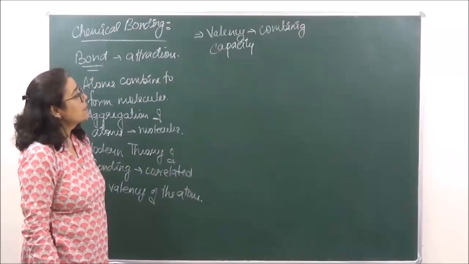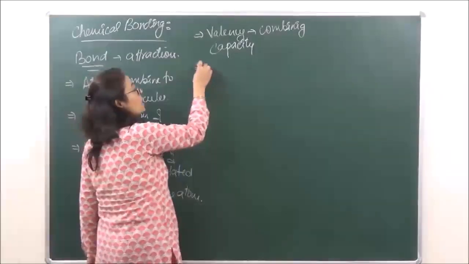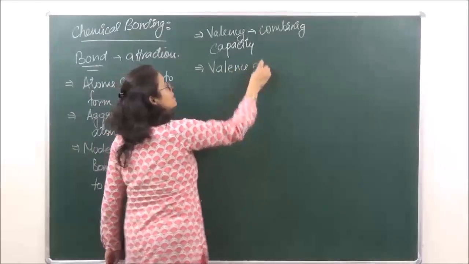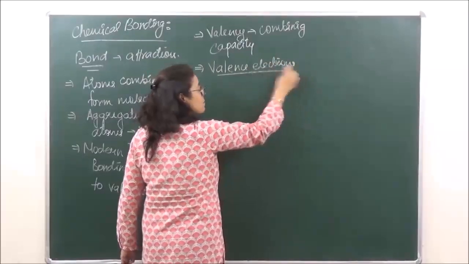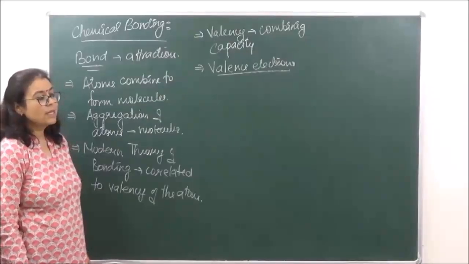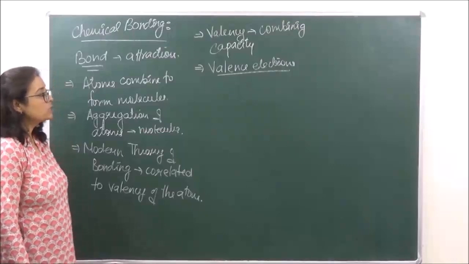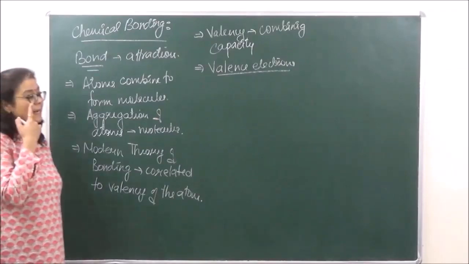Now because it is the combining capacity, valency majorly depends upon what? It depends upon the number of valence electrons, and valence electrons are the electrons present in the valence shell. And the valence shell is what? It is the outermost shell present in any atom.